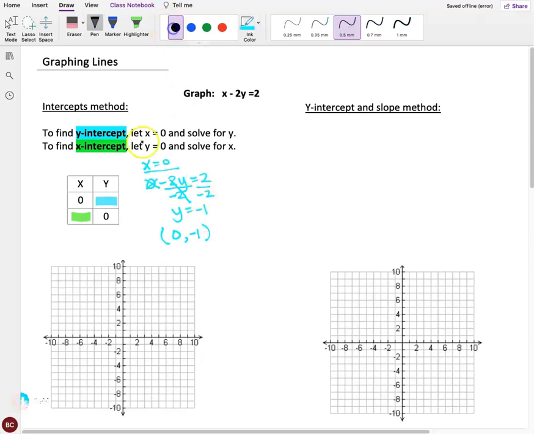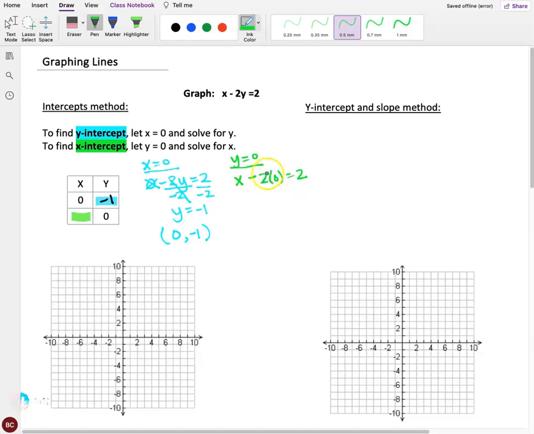We can write that as an ordered pair as 0 comma negative 1. All right, and I'm just going to put in here that when x is 0, y we found to be negative 1. Okay? And then let's do the same thing for our x-intercept now. To find our x-intercept, we're going to let y equal 0 and then solve for x. So when y equals 0, we have x minus 2 times 0 equals 2.